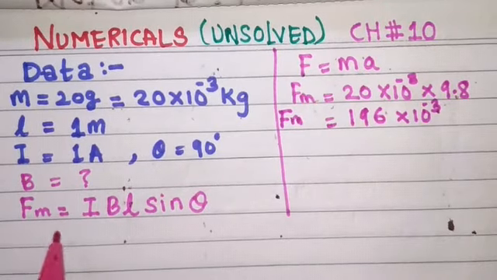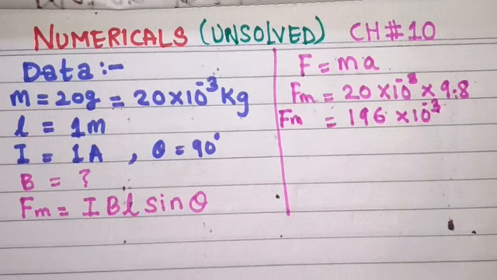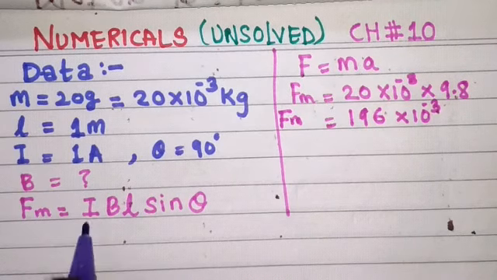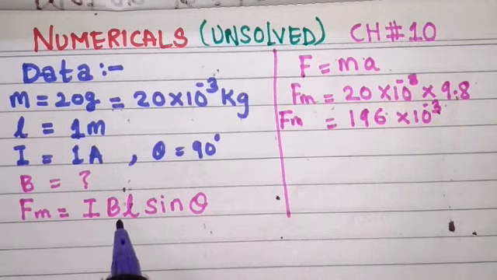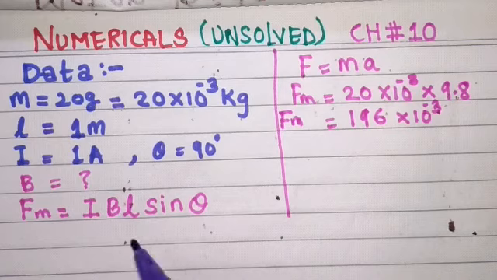So now we can put the values in the formula. What you can do is directly substitute the values and get B, or the second method is that you can rearrange the terms and then substitute the values.